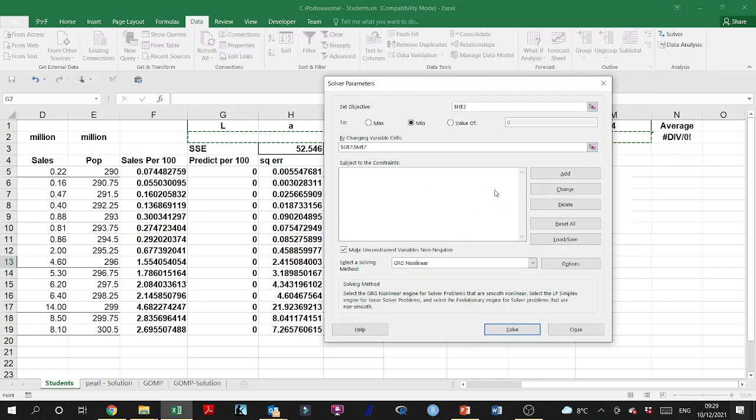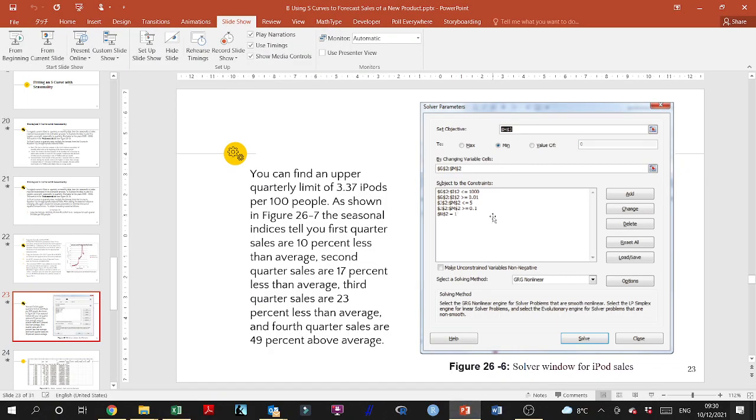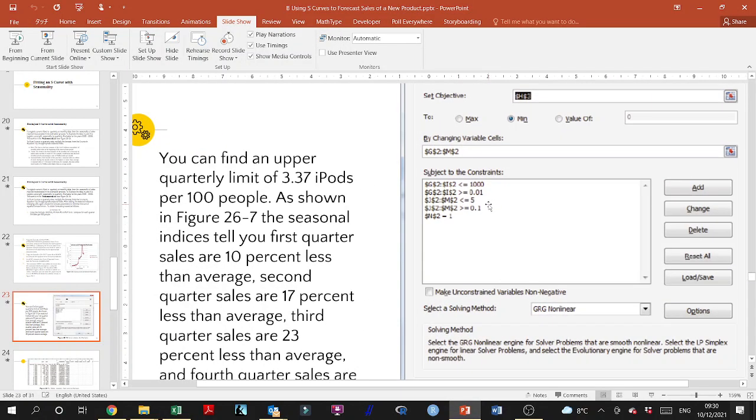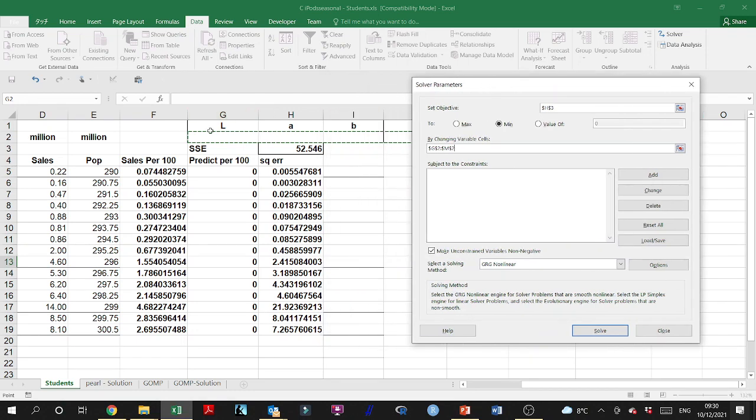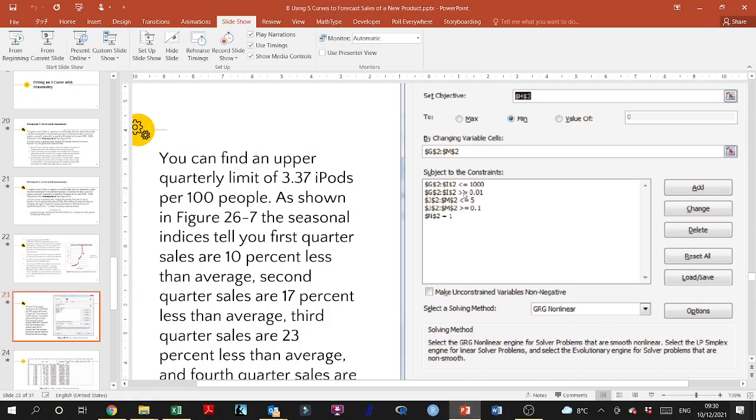But now I'm going to set up certain boundaries and restrictions. The first set of restrictions that I want to talk about, as you can see in this slide, is the restrictions on L, A, and B, from G to I. As we've done in an earlier video, they're going to be greater than or equal to 0.